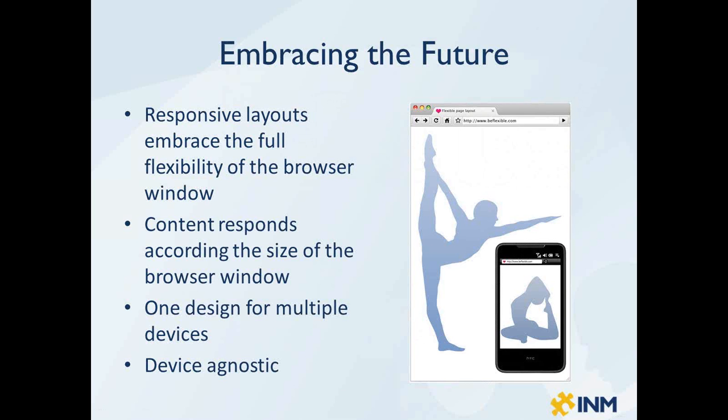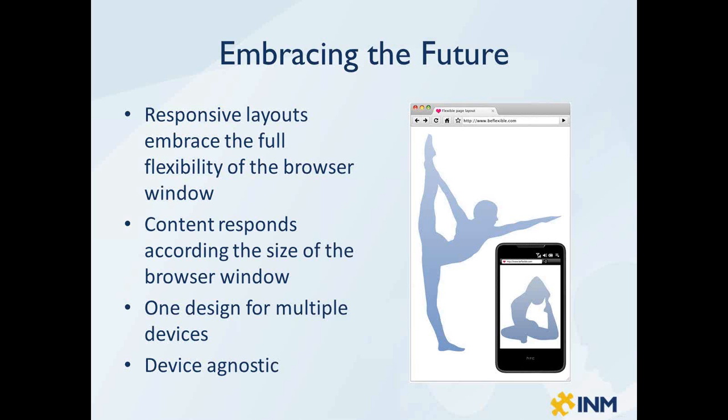So embracing the future. Ethan Marcotte was the developer from HappyCog that first pushed the idea of the responsive layout. And what a responsive layout does is it embraces the full flexibility of the browser window, not just at the margins. The content responds according to the size of the browser window.